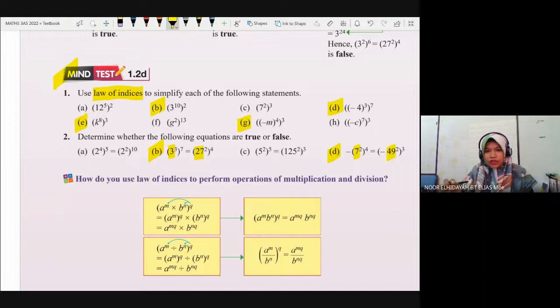Boleh tukar tak 49 kepada base 7? Can you change? Yes. Awak boleh cuba nanti. Cuma sekarang ni it involve negative. Hati-hati. Cikgu nak tengok macam mana awak buat. This question involve TP3, untuk 1.2D TP3. Untuk kedua-dua soalan tu TP3.